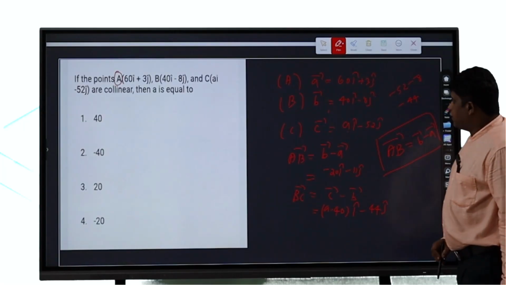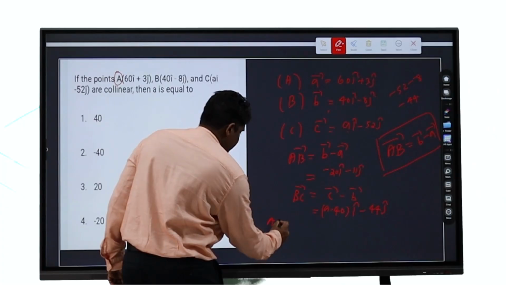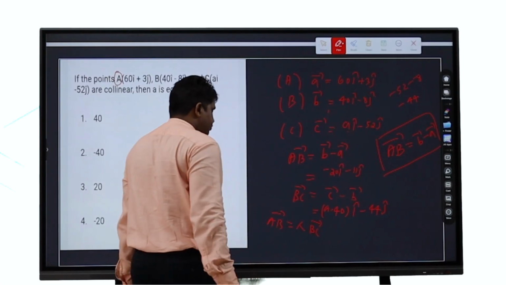Then we have AB vector is equal to lambda BC vector.